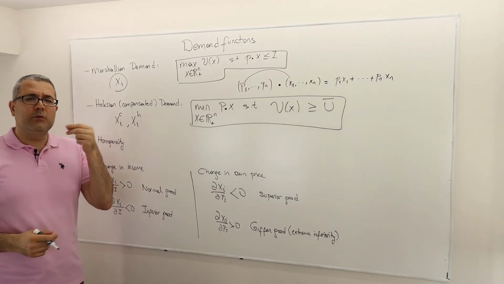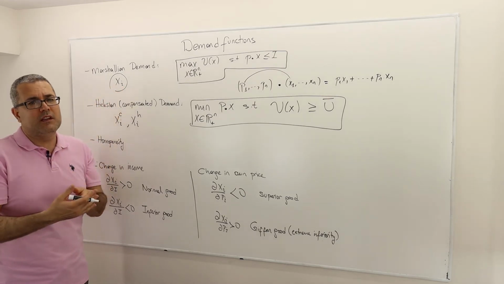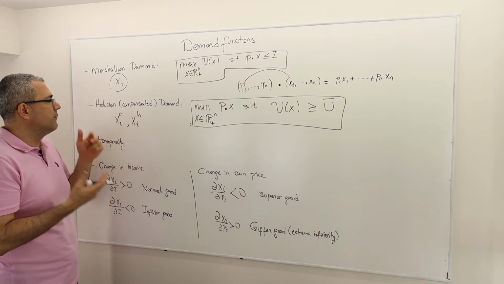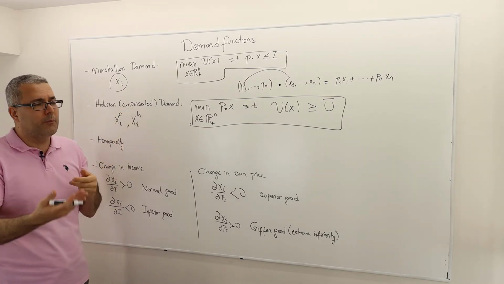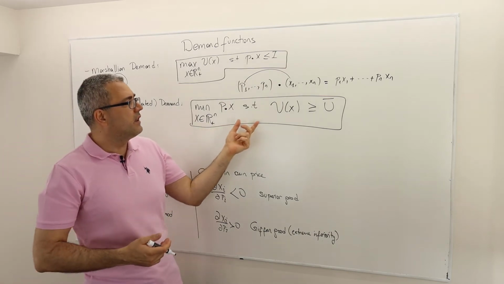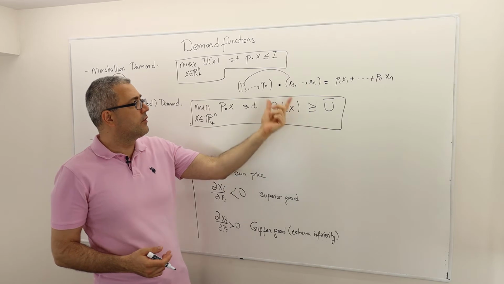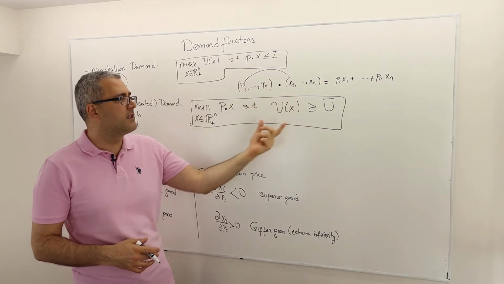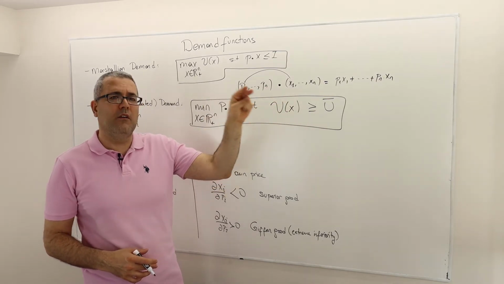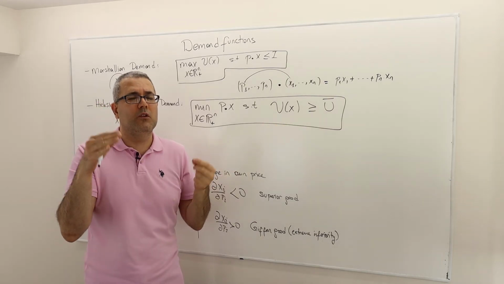Well, why the term compensated? The Hicks and the Marshall are basically the names of the inventors, so that's kind of obvious. But what about compensated? The idea is the following. Here, the income is not fixed. So you don't maximize or minimize something for a fixed level of income; instead, you have a fixed level of utility.